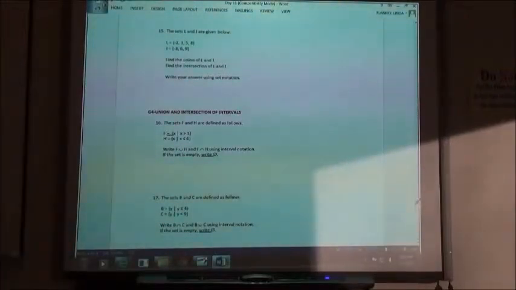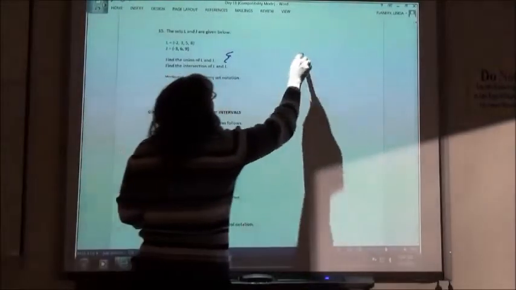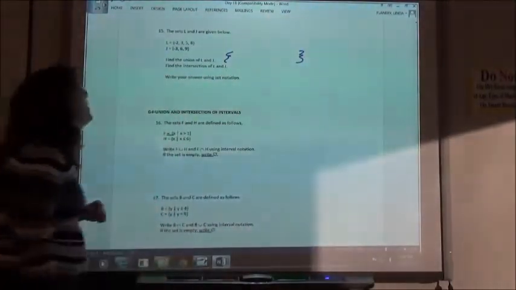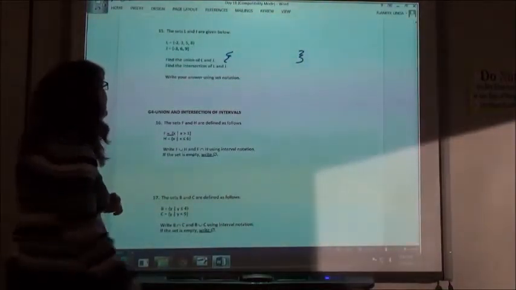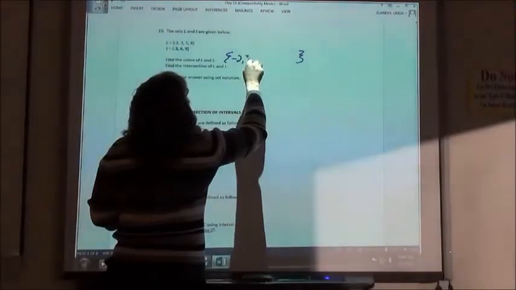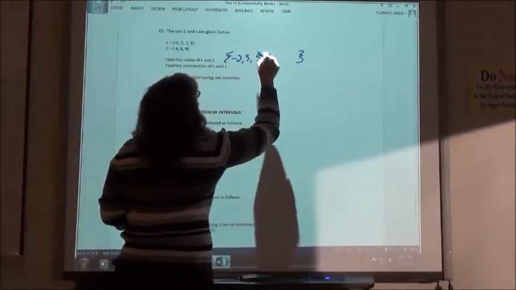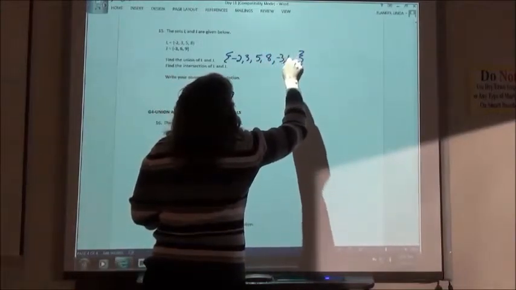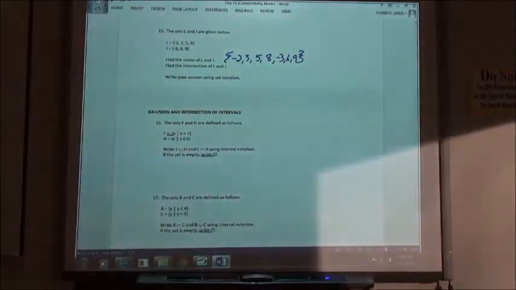Find the union of L and J. So if I do the union of my two sets, I would have every one of those numbers. Since nothing repeated, I had -2, 3, 5, 8, -3, 6, and 9. All of the numbers are in that list.